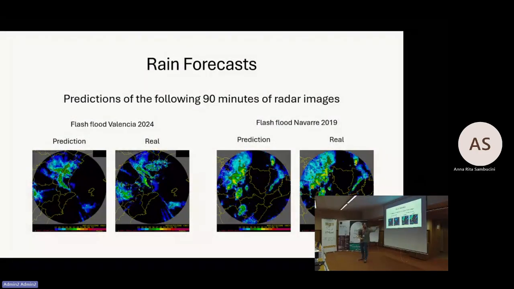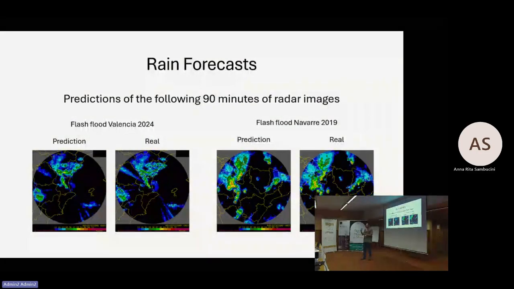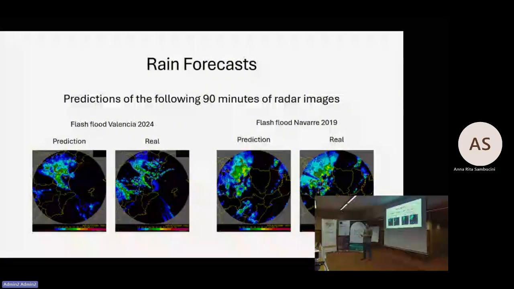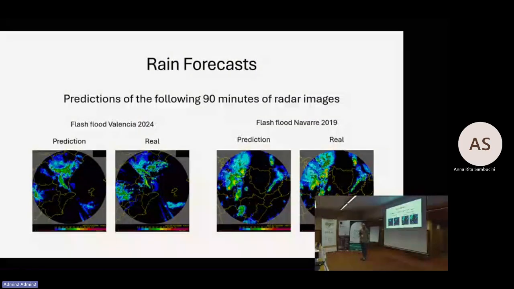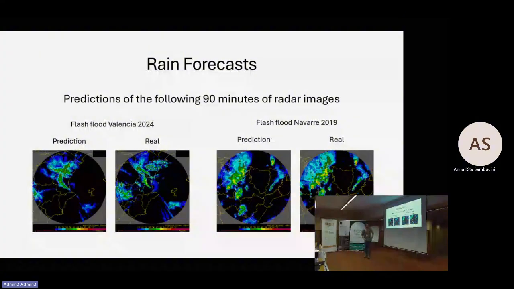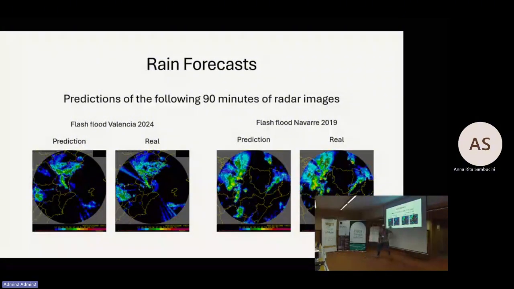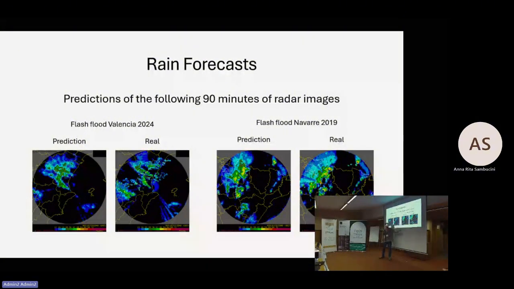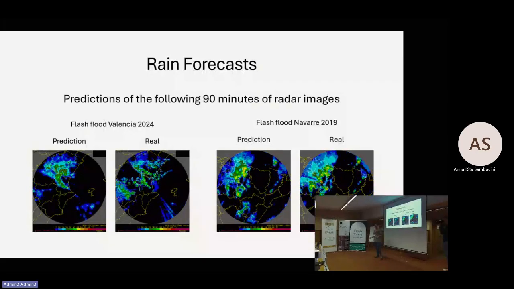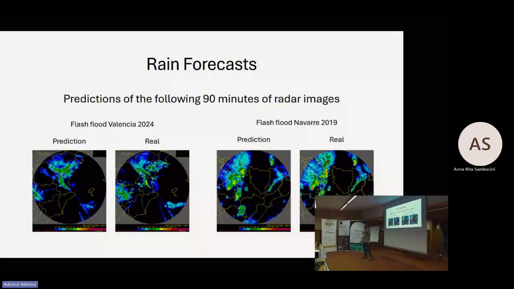In radar in Spain, an image is taken every 10 minutes, which is very high time resolution in terms of meteorology. Here we have some forecasts for the episode of Valencia and another one for another episode of Spain, of Navarre, specifically in the municipality of Tafalla.